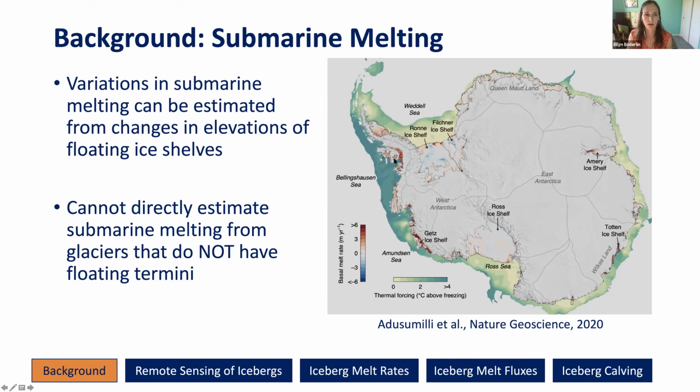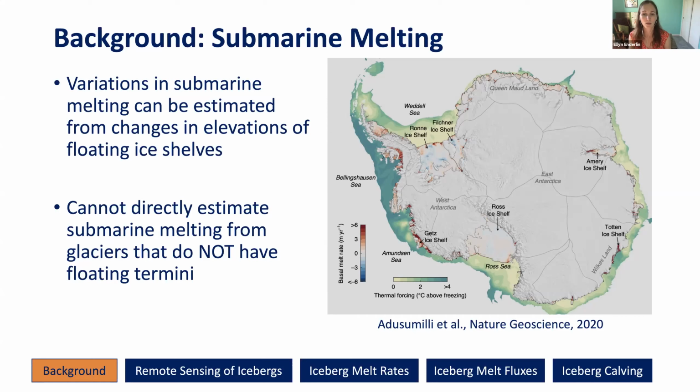And if you look at those, what we can do is look at changes in their elevation either over time or in space. These are the Eulerian or Lagrangian approaches for doing this. You can look at these changes in elevation and use that to say something about how quickly they're melting from below. So you can estimate these submarine melt rates from elevation changes.